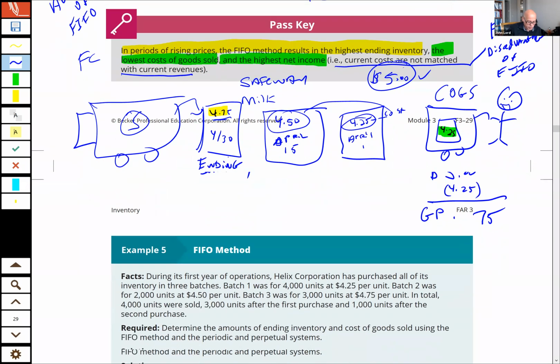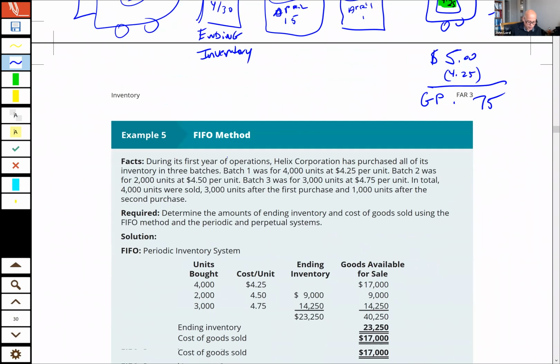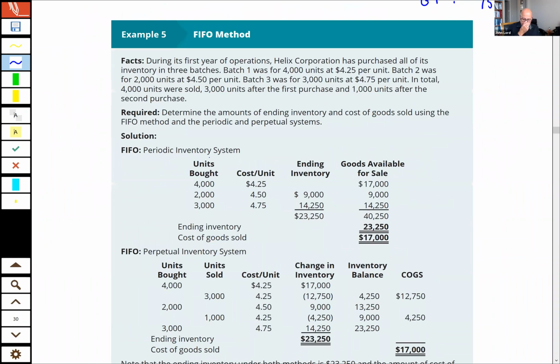Okay, good. So let's go ahead then, now that we got our flashcards set up, and let's take a look at this. And, you know, inventory has long been an area that the examiners like to focus on, and it's something that could come up in a task-based simulation where they could give you a set of facts, and then they like to ask you to calculate cost of goods sold and ending inventory under FIFO, LIFO, weighted average.